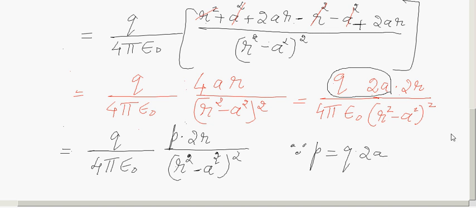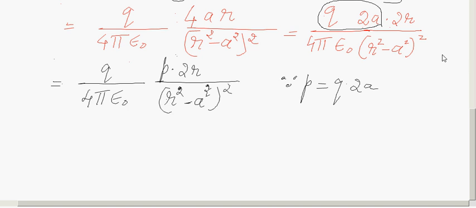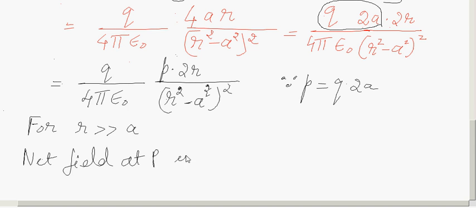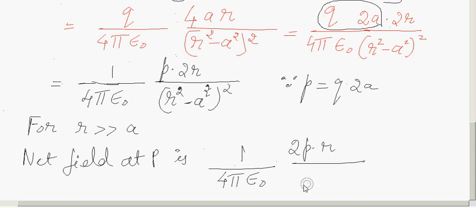If r is very much greater than a, then the net field at P is, sorry, we don't have q over here, because q into 2a we are writing as P. So it is 1 by 4 pi epsilon naught into 2p into r divided by r to the power 4.